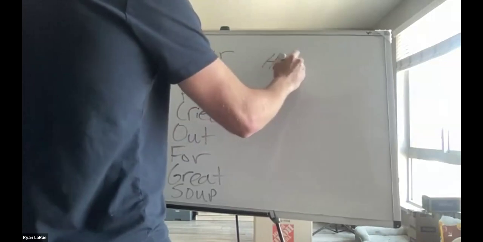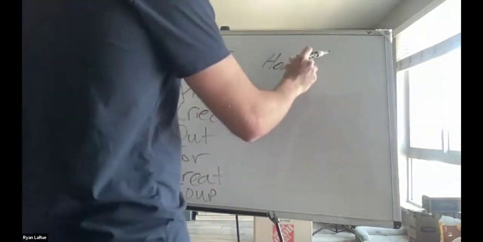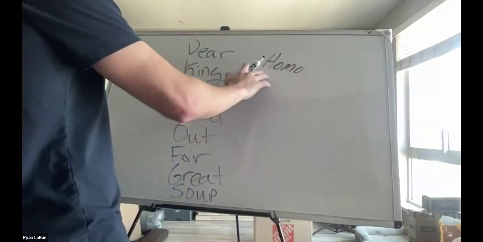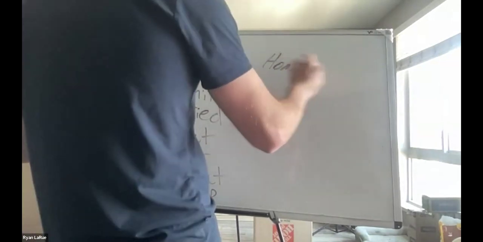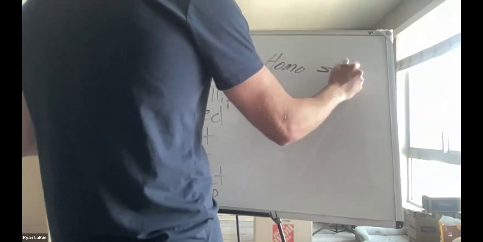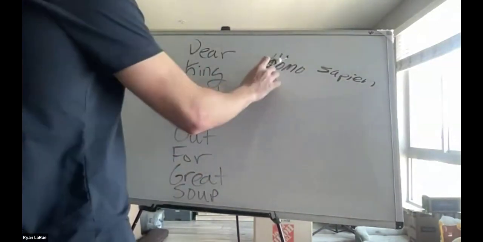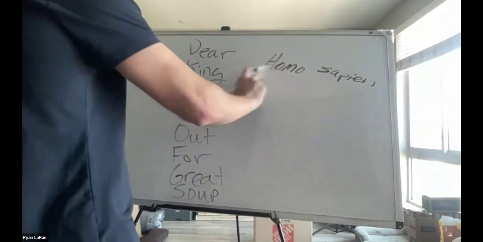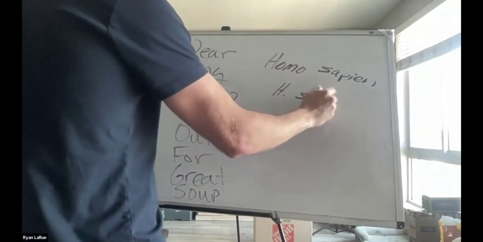So Homo, our species, sapiens. Sorry, the genus is capitalized, and then the species is lowercase. So Homo, also italicized, sapiens. You can also abbreviate the genus, H. sapiens.